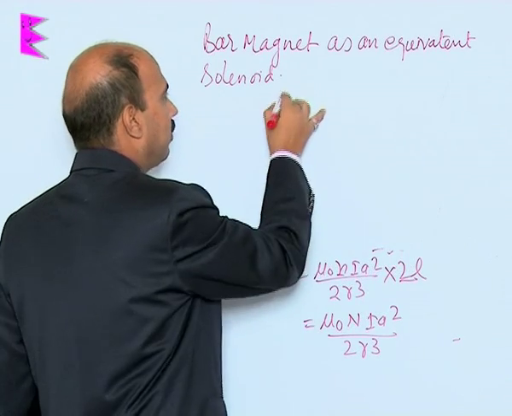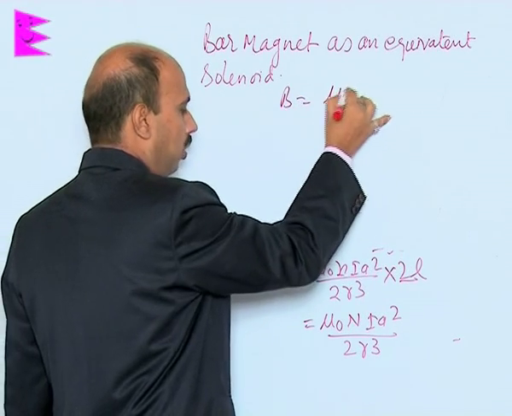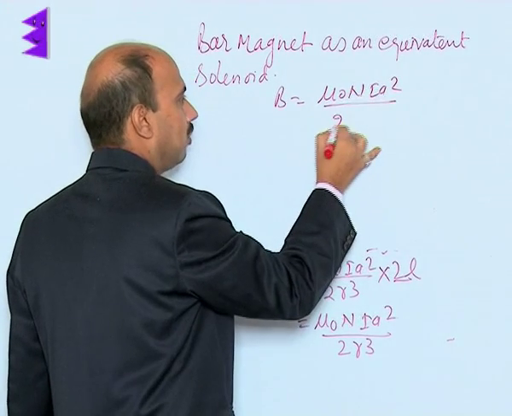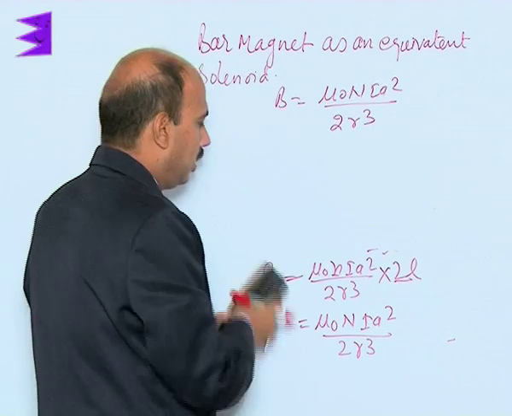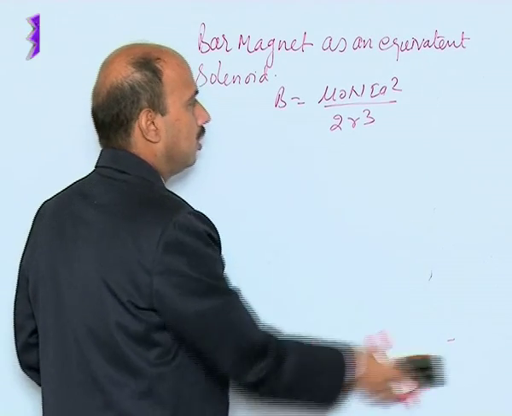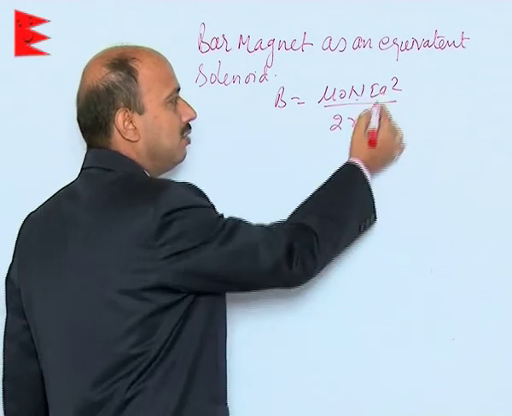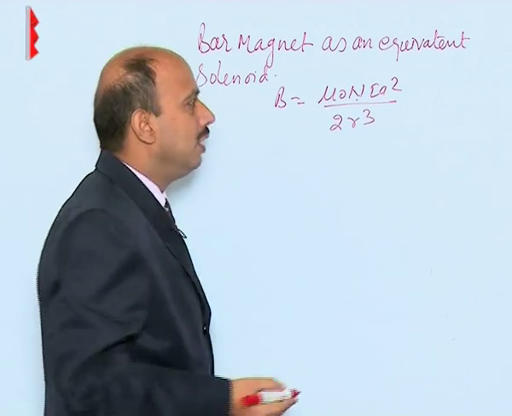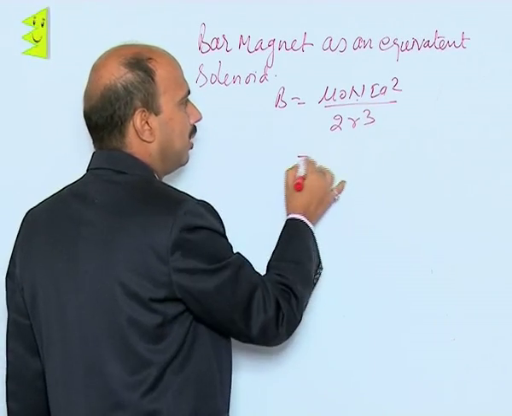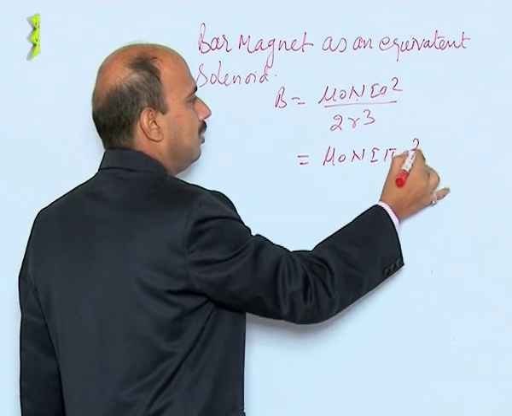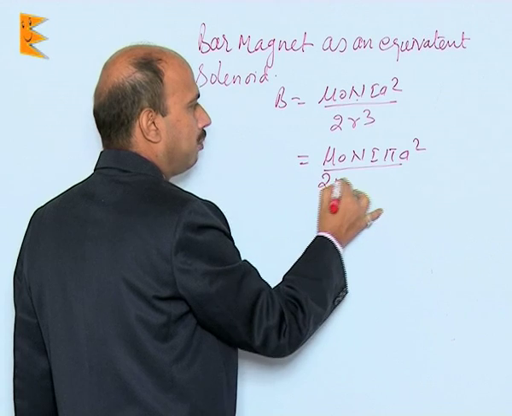So, B is equal to mu naught n I A square divided by twice of r cube. We know here that A square is the square of the radius, but it is not the area. So, we multiply and divide by pi. We get mu naught n I pi A square upon twice of pi r cube.